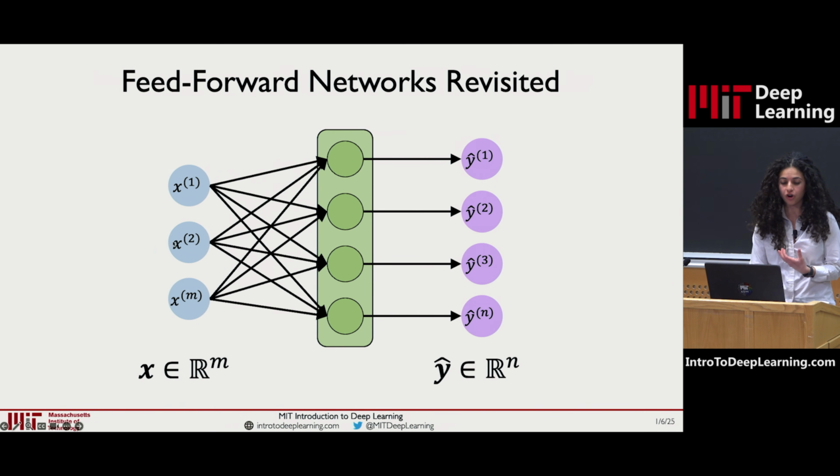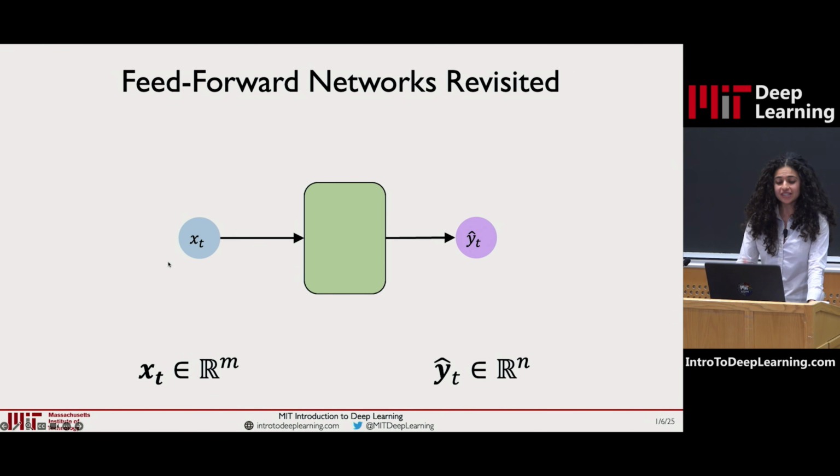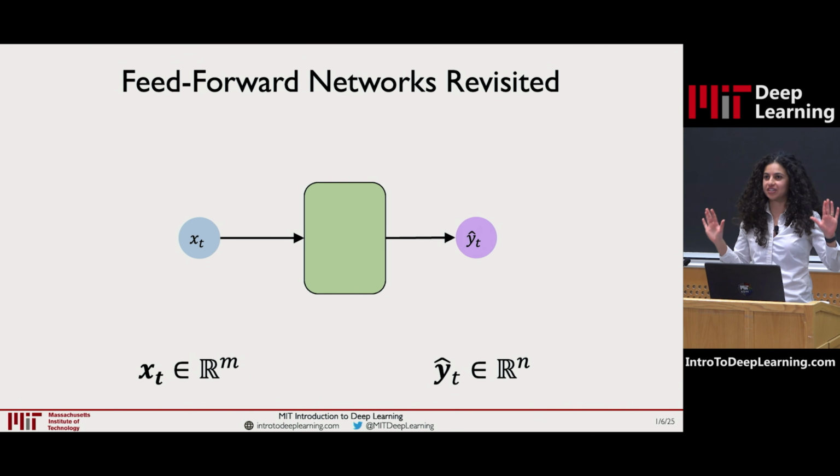These inputs are all individual inputs at just one slice of a time step. We can simplify our diagram further, and all I'm doing here in the middle is collapsing that visual of the hidden layer down to just this abstracted green box. Still, we have the same operation of mapping an input to an output, some vectors of length m to output vectors of length n.